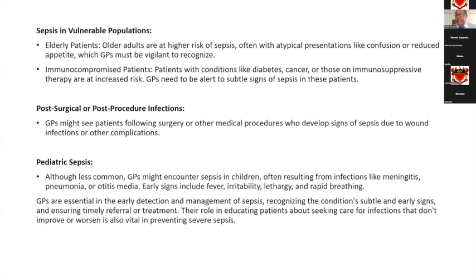So when we are seeing elderly patients, we give extra care, and we look for signs of red flags and signs of deterioration whenever we see them in our primary care settings. The other vulnerable groups are immunocompromised patients, like diabetic patients, patients on chemotherapy, cancer patients, and maybe HIV patients sometimes.